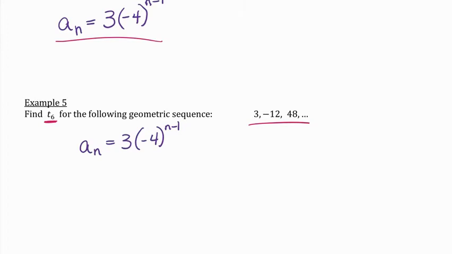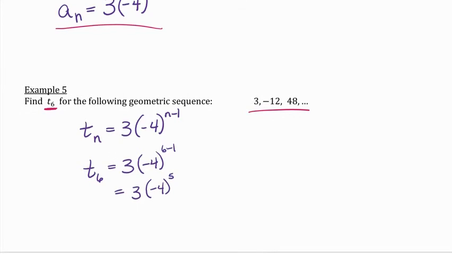I want the 6th term, and if you want to use t here to be consistent, we can. That means I'm going to do 3 times -4 to the 6 minus 1, which means we would want 3 times -4 to the 5th power.